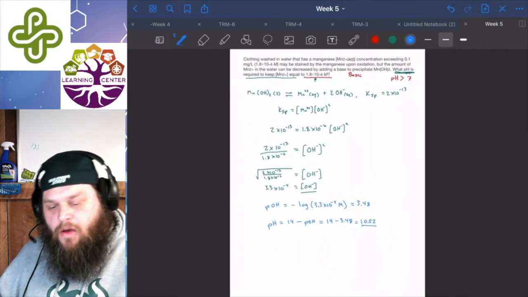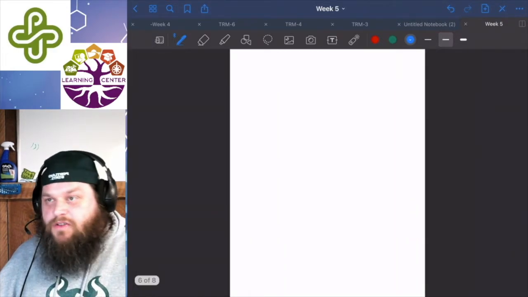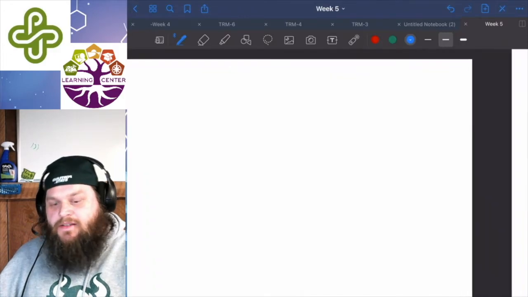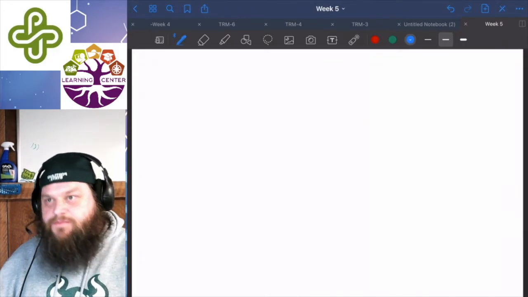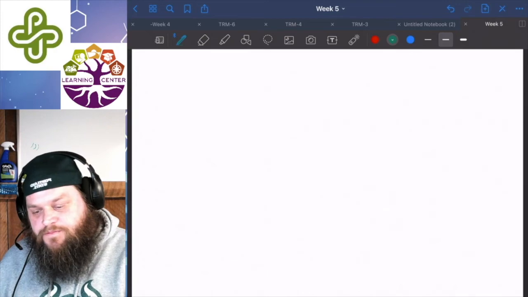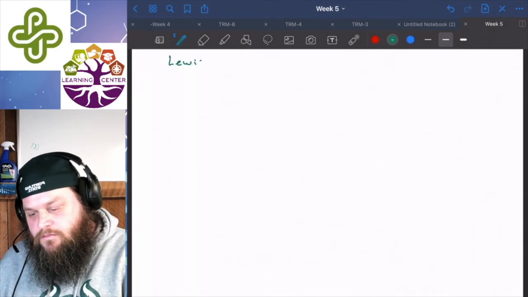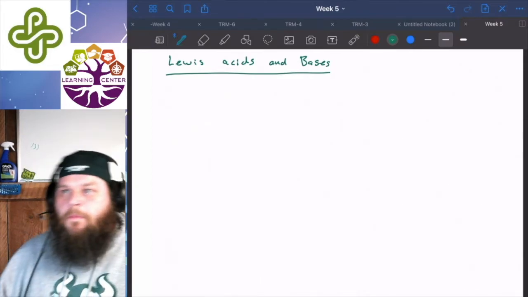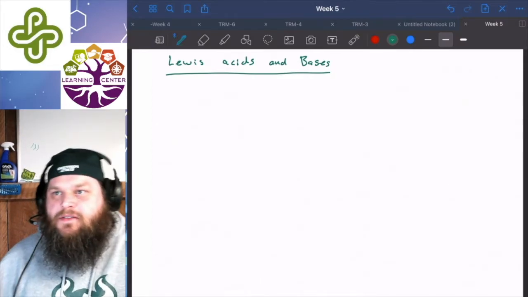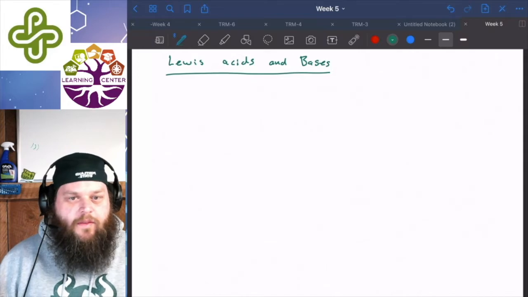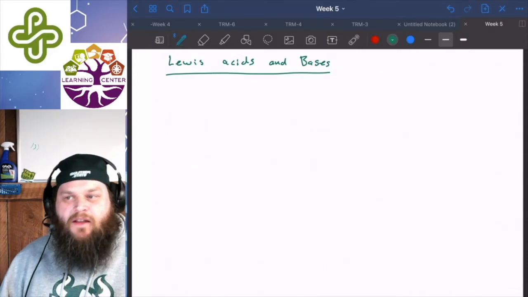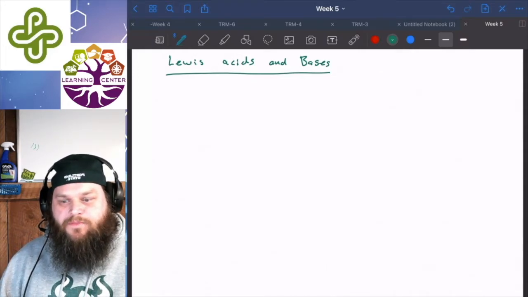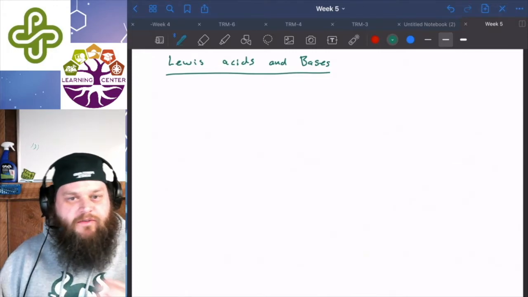So we're going to go on, if there are no questions, and talk about Lewis acids and bases. A Lewis acid and base is similar to what we've dealt with in the past, just this time it's not necessarily a hydrogen donor or a hydrogen acceptor.